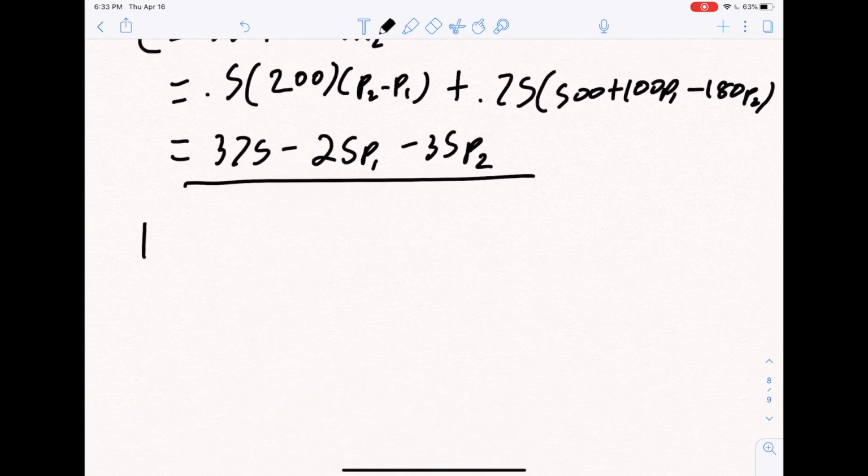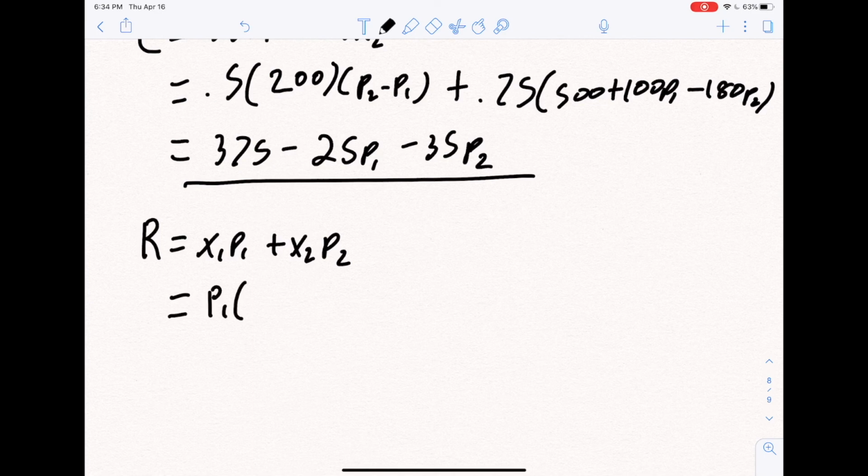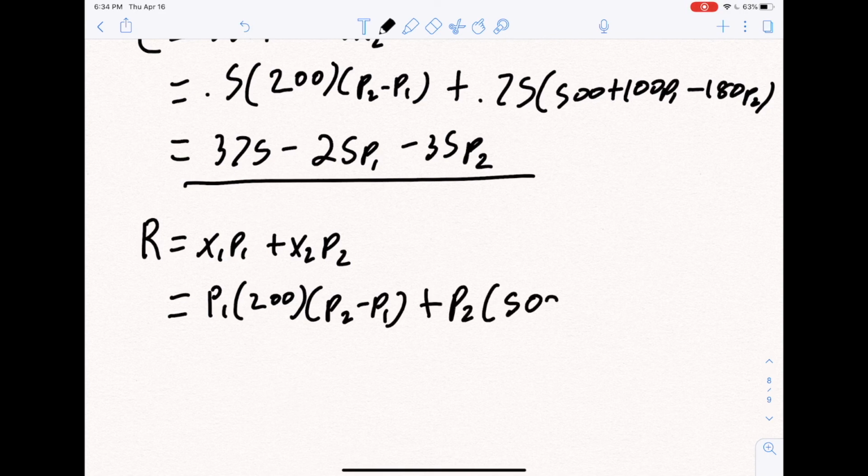The revenue function is just x1 times p1 plus x2 times p2. So again, just like with the cost function, we want to get the revenue function in terms of price. We make our substitutions, and we get p1 times 200 times (p2 minus p1) plus p2 times (500 plus 100 p1 minus 180 p2).